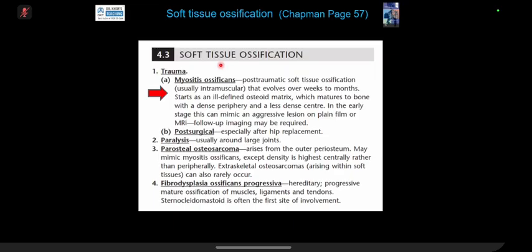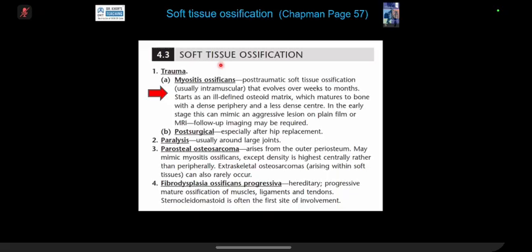And many people in the exam do this. So you should have clear-cut concepts. Ossification means there is metaplasia within the soft tissue, and ossification means you will see bone trabeculae.